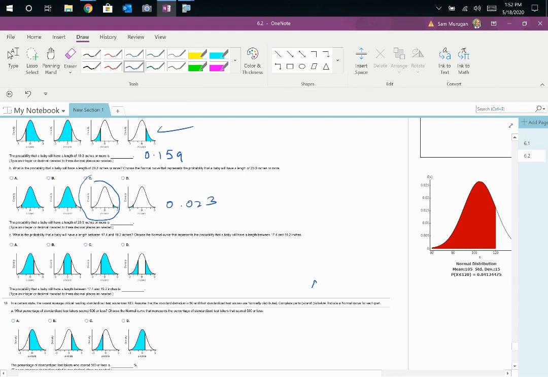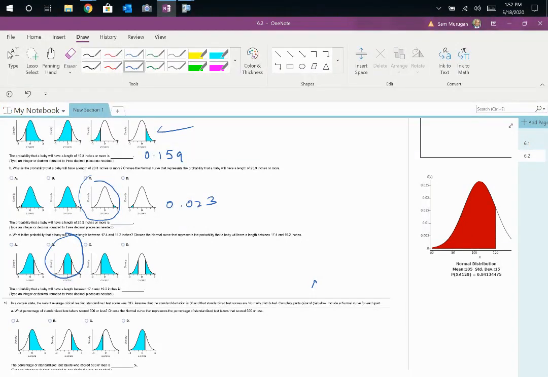And then the in-between would obviously be this graph. To compute this, you want to go everything to the right of 17.4 and then everything to the right of 19.2 and subtract the two numbers.